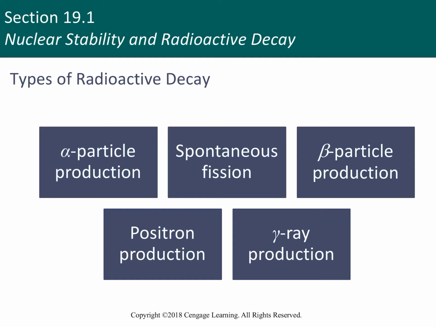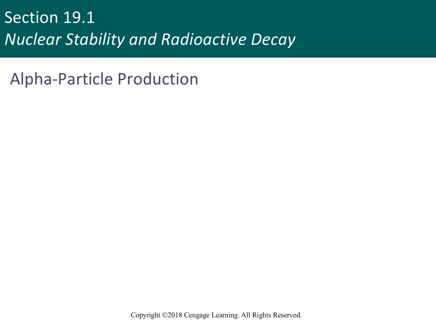Here are the types of radioactive decay that we'll be talking about: alpha particle production, spontaneous fission, beta particle production, positron production, and gamma ray production. First, alpha decay, alpha particle production.